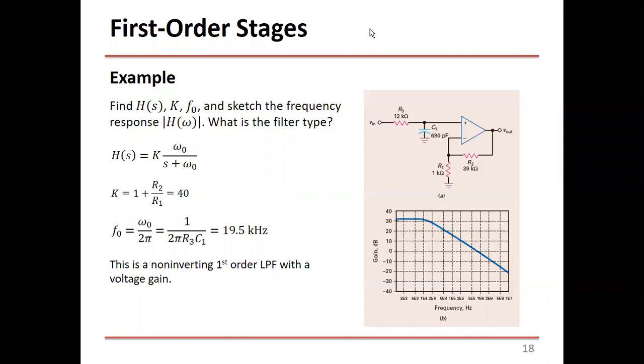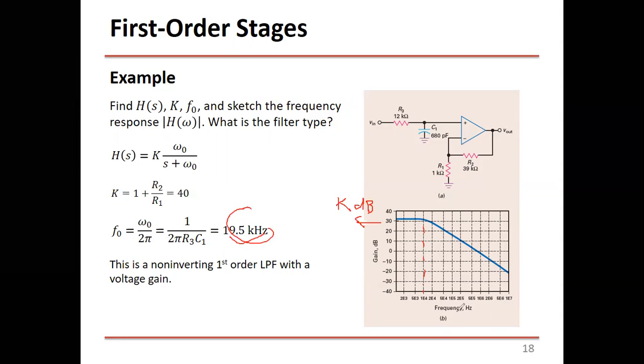So this value here is K in dB. If you convert K in dB, it's going to be slightly above 30 dB. And the corner frequency here should be how much? This should be this one here.